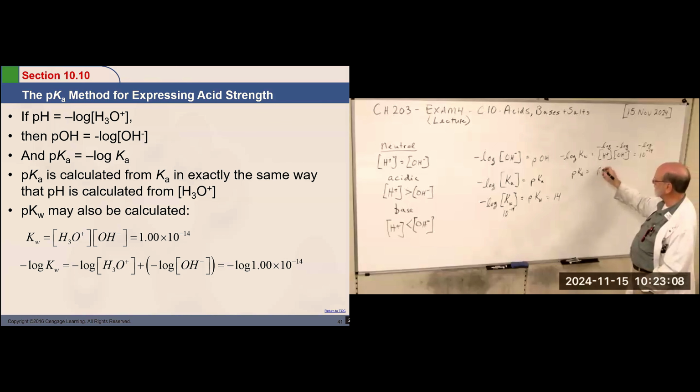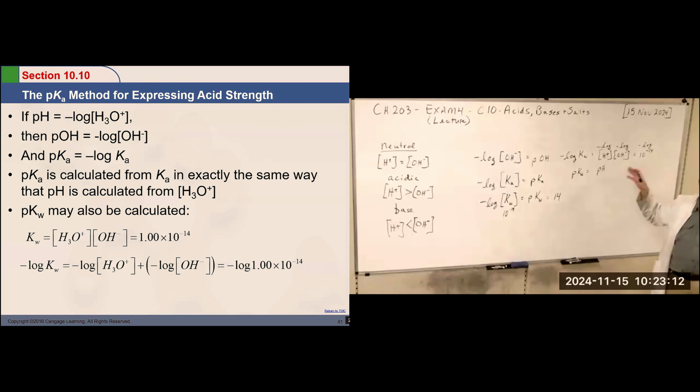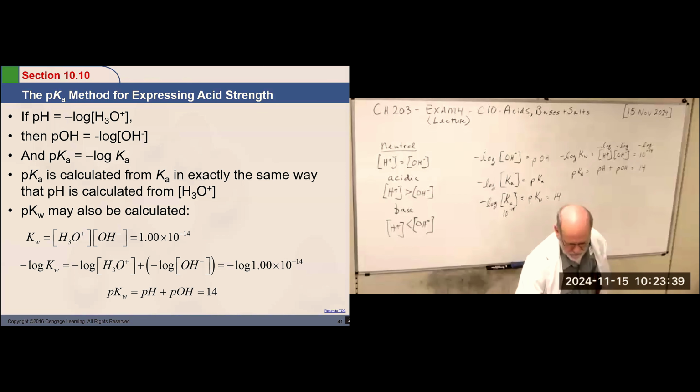We get pH here. And when you take the log of a product, what do you have to do to it? Addition, right? It's not a product anymore. When you take the negative log of that, it's pH plus pOH. And then this one we just did is 14. So there's another equation that's very useful.